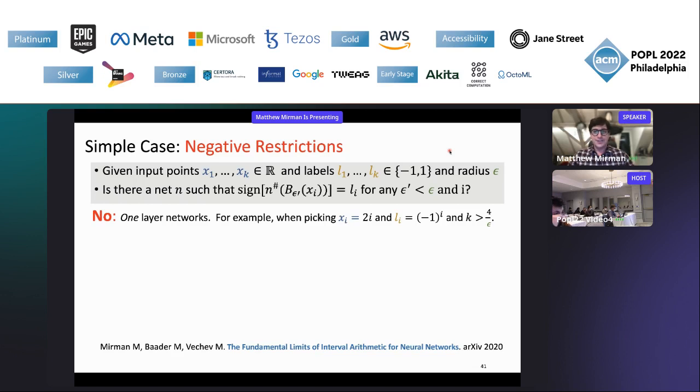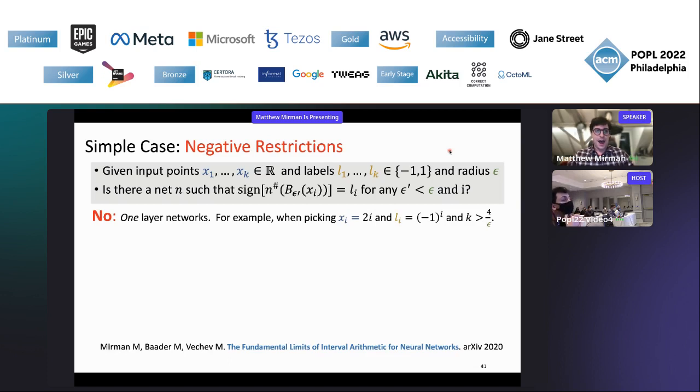The data set just has its points equally distributed and switches between negative and positive classifications. The size of the data set depends on the size of the epsilon that you want to use, but in general, we show that for any radius epsilon, there is a data set that no one-layer neural network can provably classify.